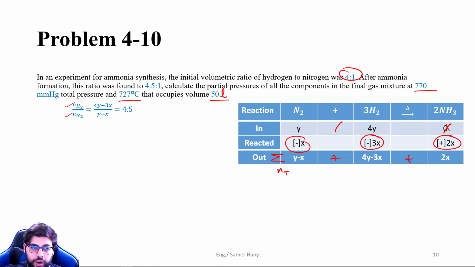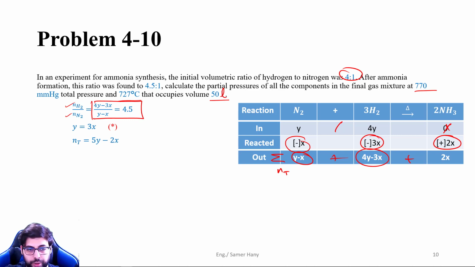It's just this one, so 4y minus 3x. And what's the amount of nitrogen? It's just this one, y minus x. And from this expression, we get a relation between y and x. Let's call this relation star. And n total would be 5y, just the summation here, 5y minus 2x.